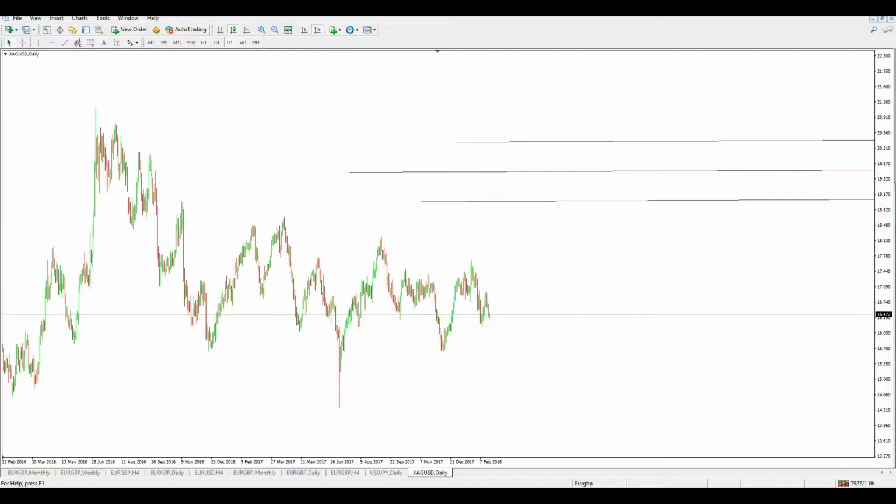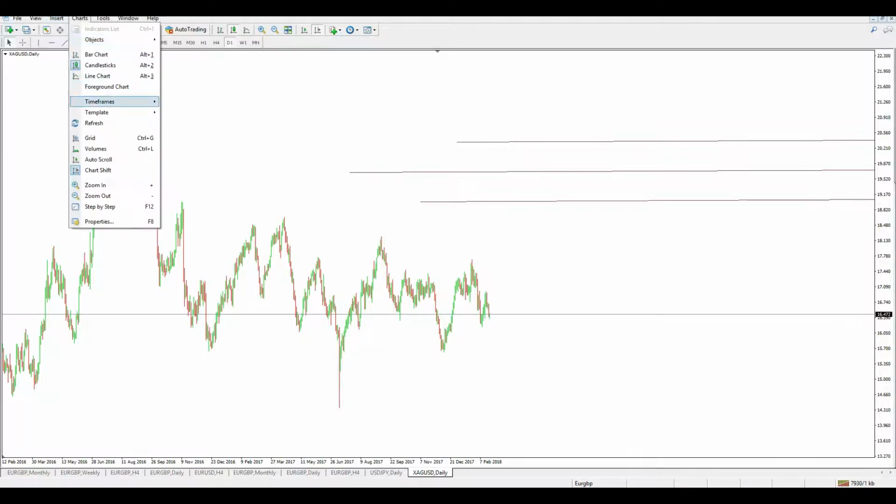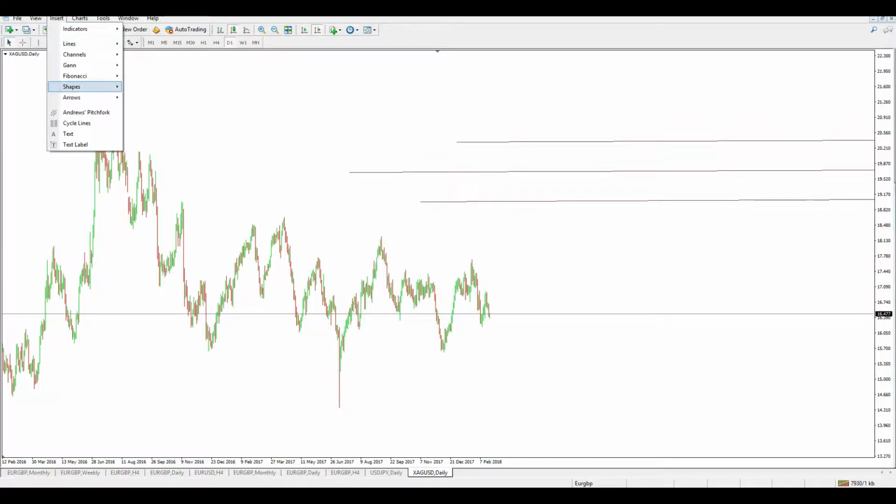Now, the problem with the Andrews Pitchfork comes from where you project these points, the so-called pivot points, 1, 2, and 3, because they will, of course, give the direction of the overall pitchfork.